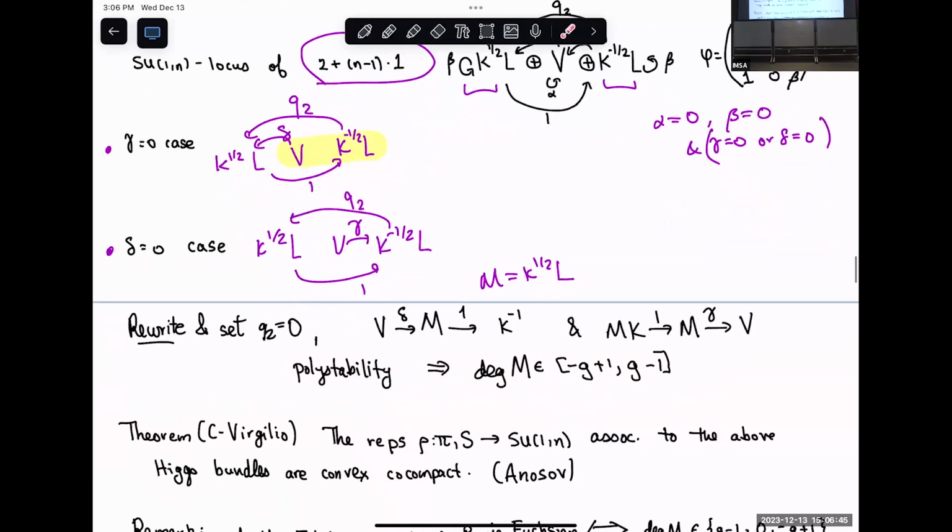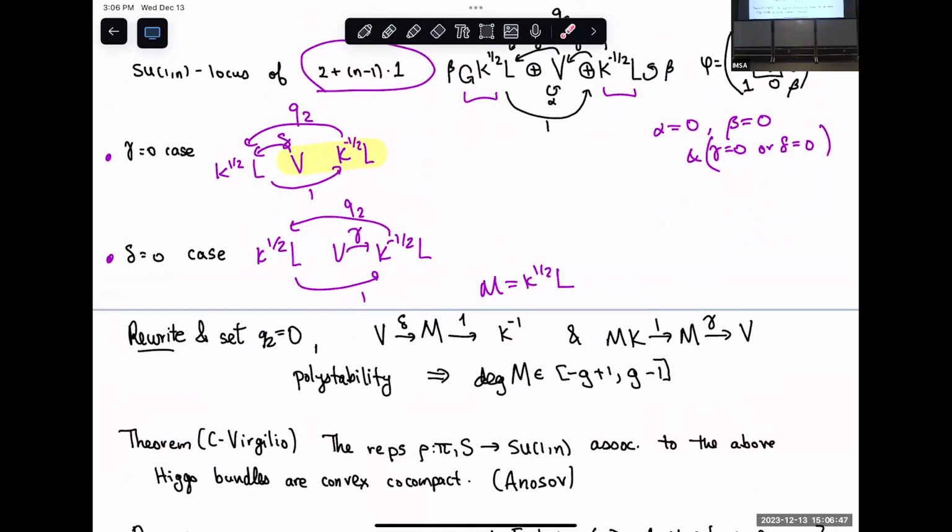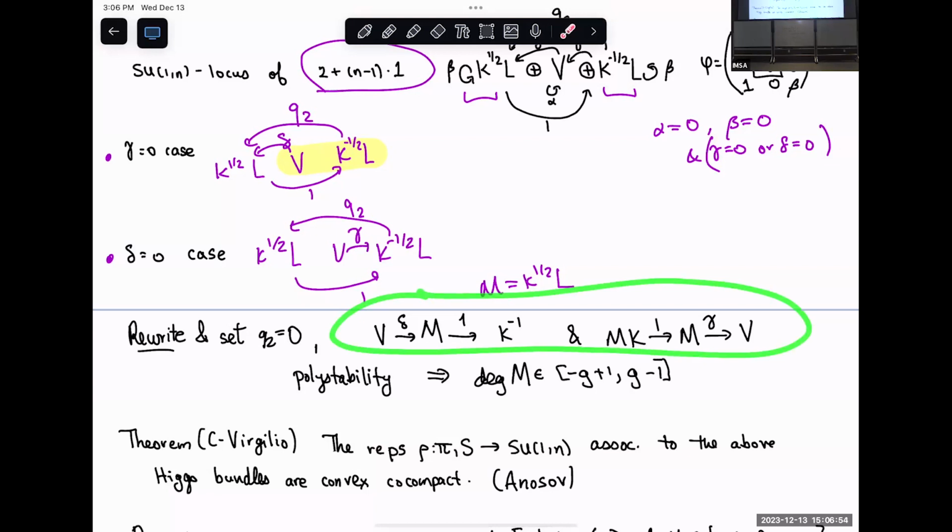So the statement of the theorem we actually proved is that the representations associated to these Higgs bundles for all degrees of M are convex cocompact.